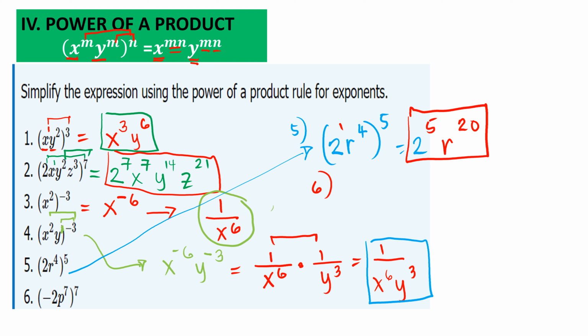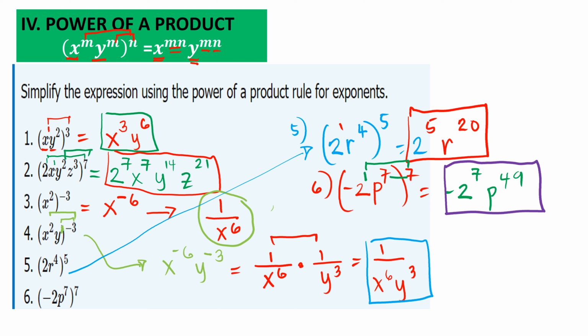And then number 6, we have negative 2, then p to the 7, raised to the power of 7. And for this, remember that again the 2 has an imaginary 1. So copy negative 2, then the 1 times 7 will be 7, and the 7 times 7 will be 49. Remember, our exponents are both positive, so you need not simplify it in another form.